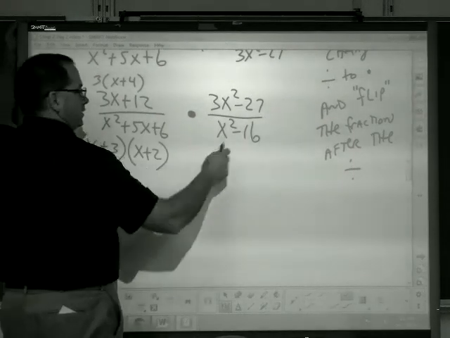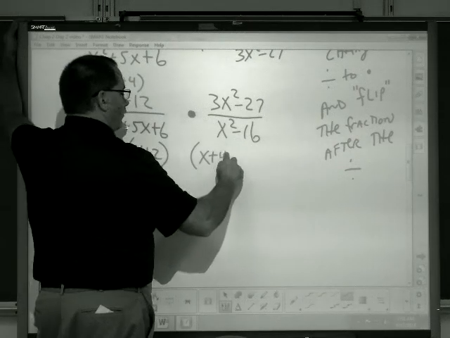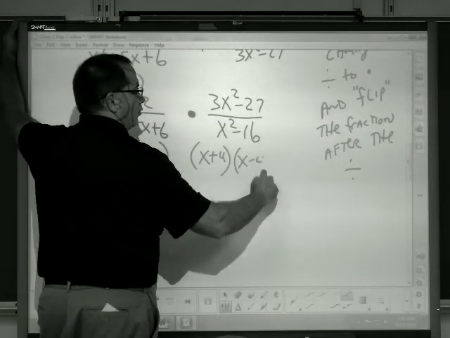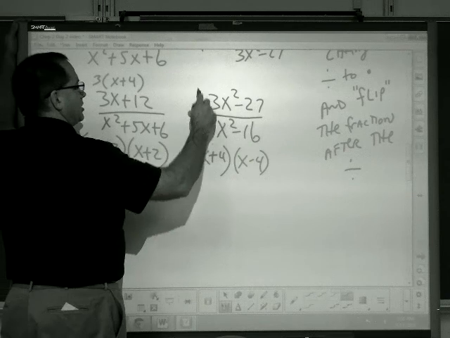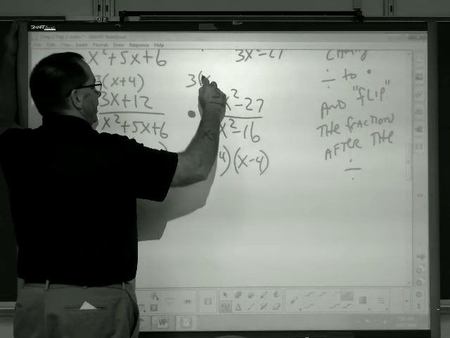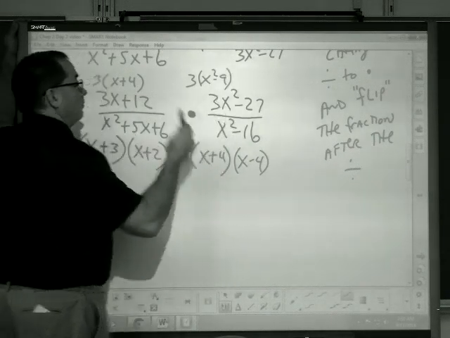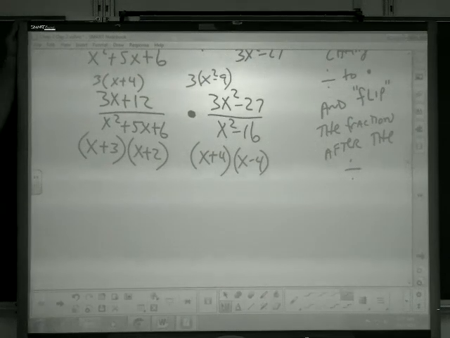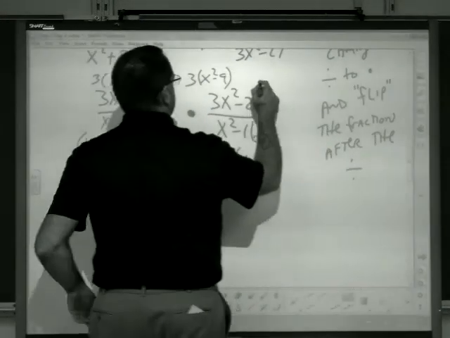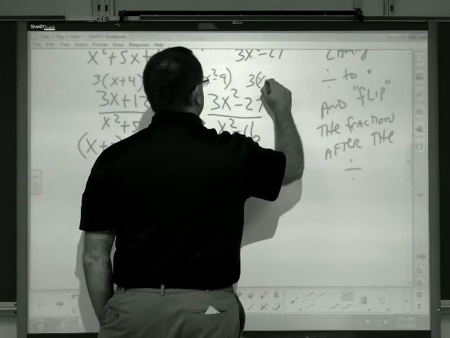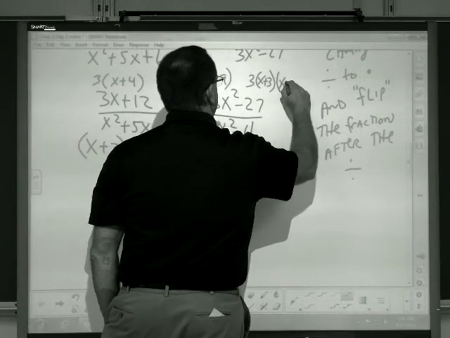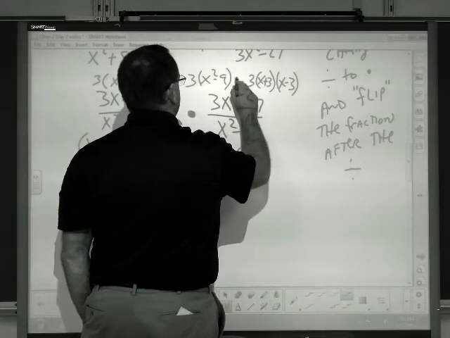I have a perfect square, x plus 4, x minus 4. And this has a GCF of 3, and then an x squared minus 9. But x squared minus 9 is also a perfect square. So that leads to 3 times x plus 3, x minus 3. So that turns into that.